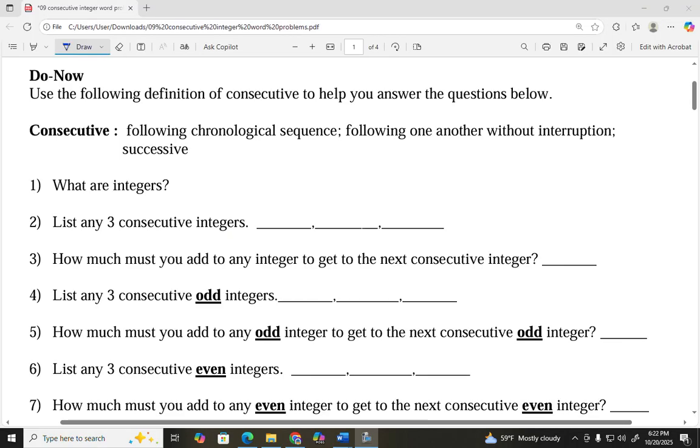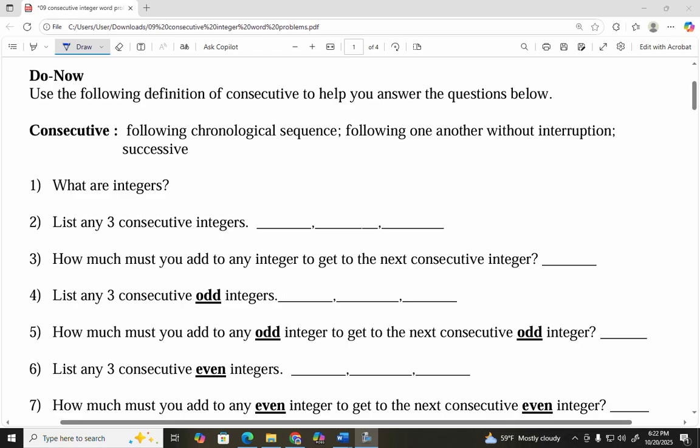So let's go over the do now, talking about the definition of consecutive, one right after the other. But we always talk about consecutive integers because you can't do consecutive real numbers, because remember, real numbers are infinite in between whole numbers. So we can talk about consecutive integers.